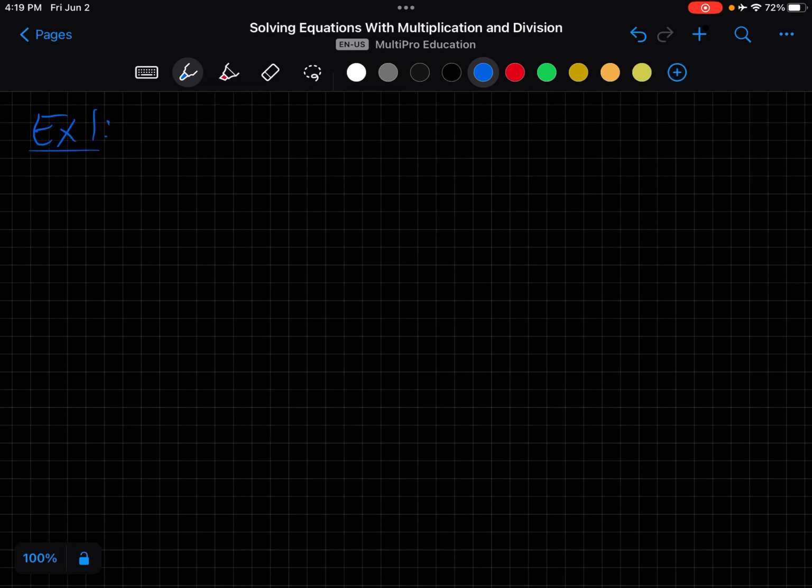We have our first example of the day. Let's say we have x over 3 is equal to 1 over 10. This is interesting. So what do we need to do to get x all by itself here? Well, x right now is multiplied by 1/3.